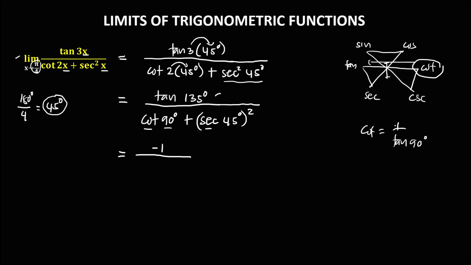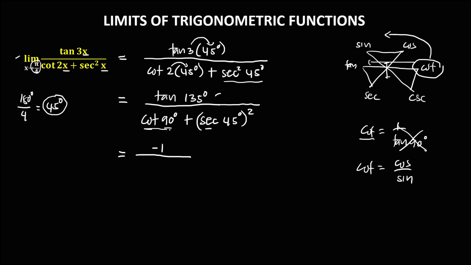Therefore, we cannot use this identity for cotangent, so using the other identity, cotangent equals cosine over sine, and the angle is 90 degrees.